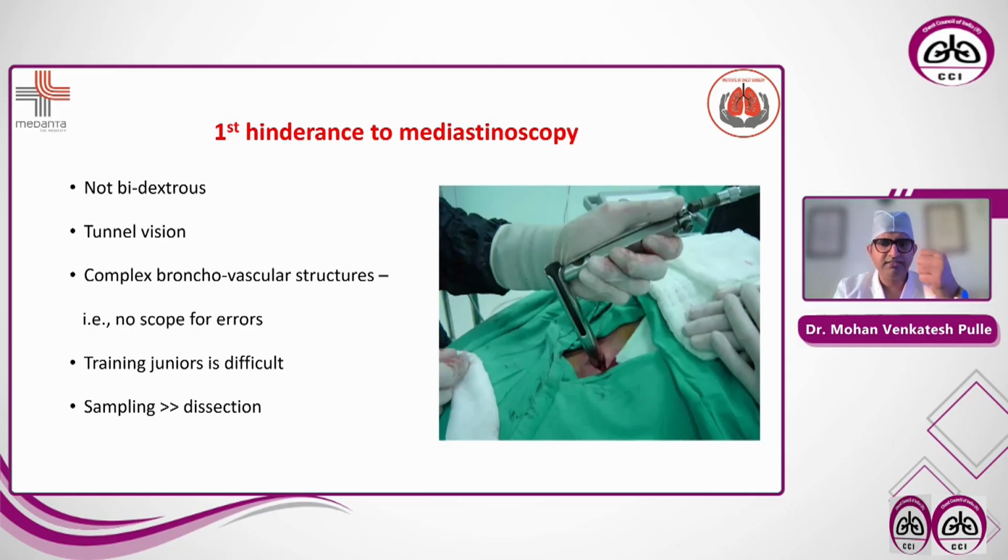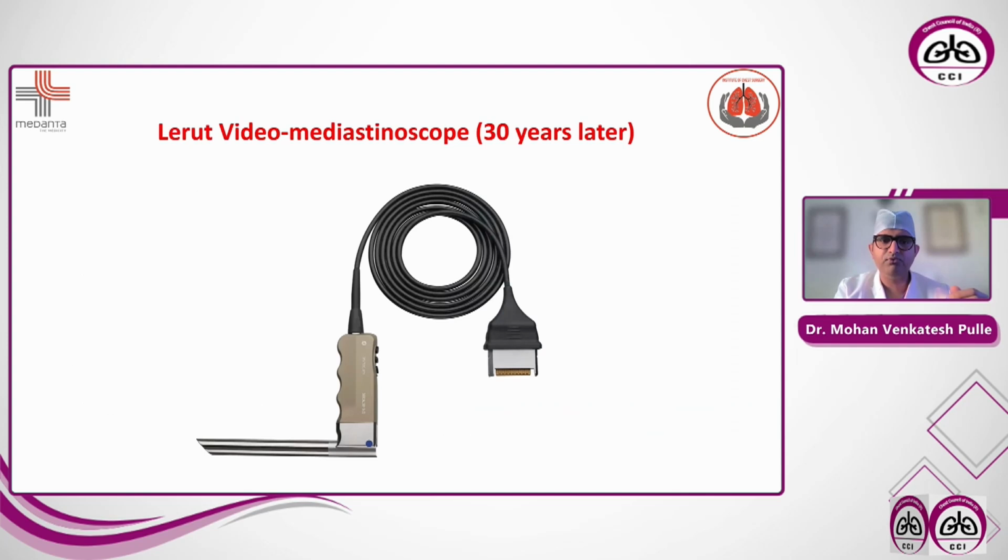By doing it this way, it becomes a non-bimanual situation, with a very small tunnel vision, a narrow area surrounded by bronchial structures, and no scope for errors. That is the reason training juniors is very difficult. In that situation, sampling is the only possible thing other than complete removal or dissection of the lymph nodes.